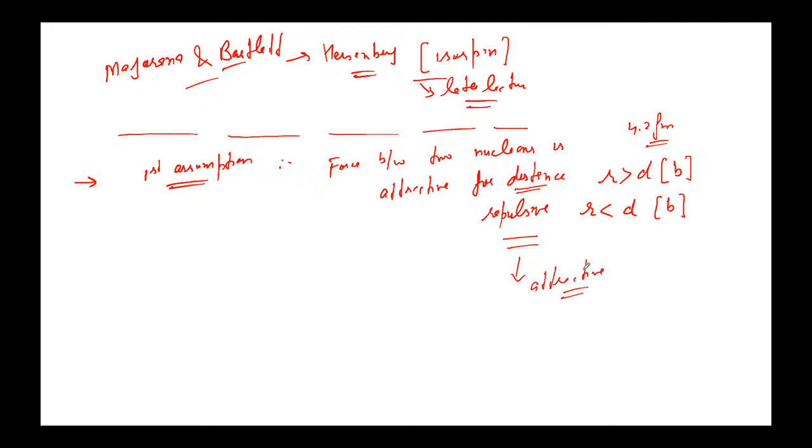So what is the Majorana Space Exchange Force? The second type of exchange force is known as the Majorana Space Exchange Force. Majorana said that when nucleons are interacting with each other, they can exchange their space with respect to each other, and he represented the nuclear potential.